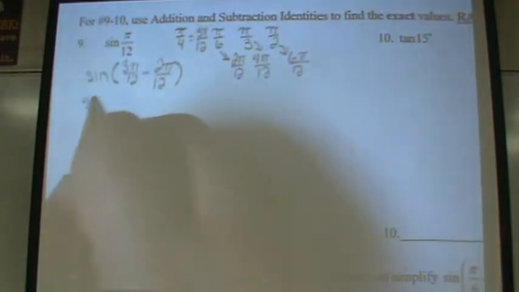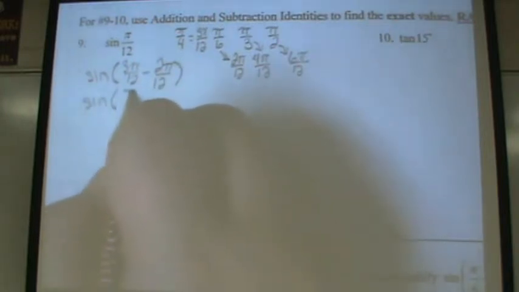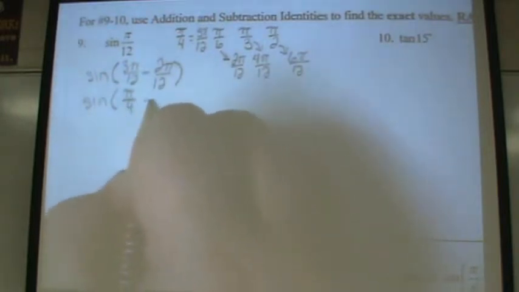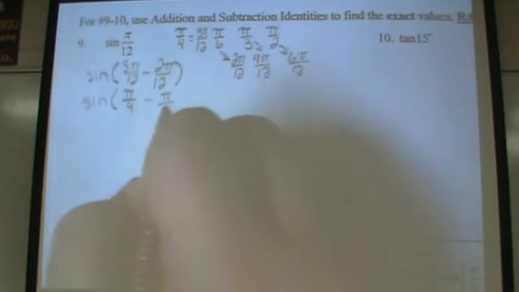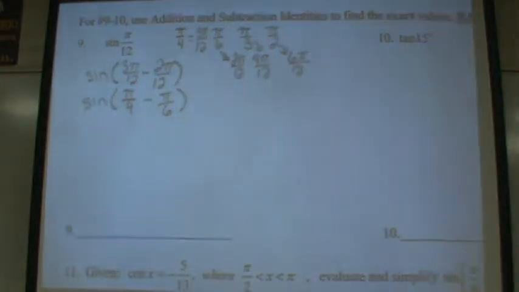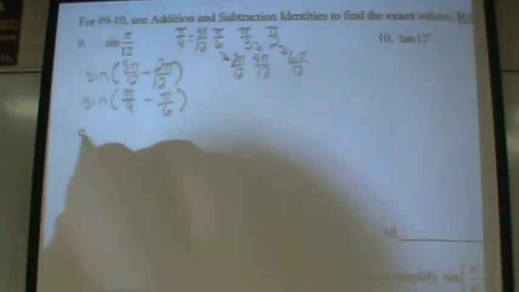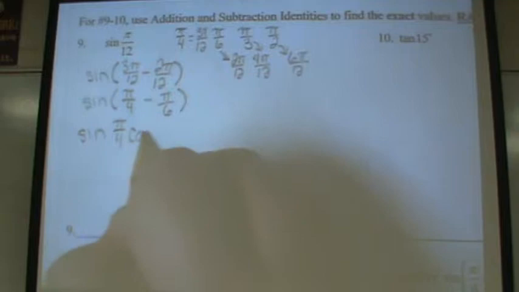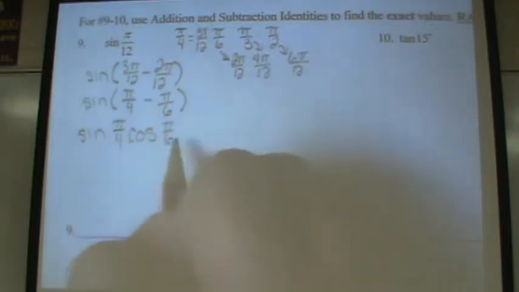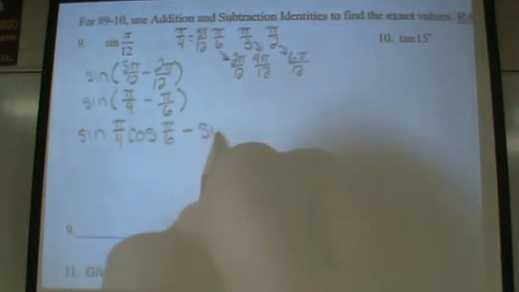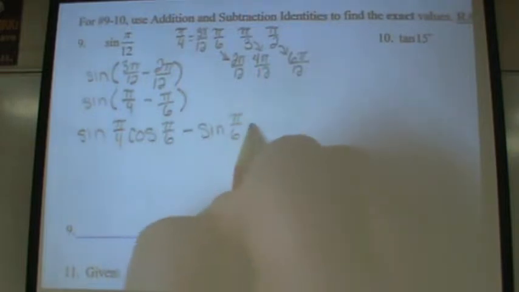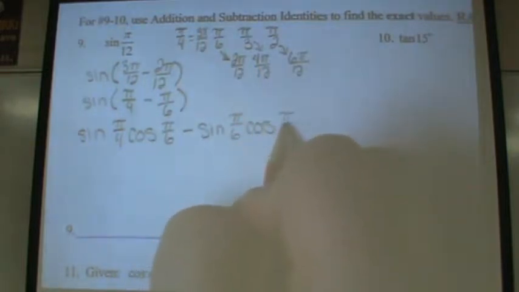So this is taking the sine of pi over 4 minus pi over 6. If we expand this out, we get sine pi over 4 cosine pi over 6 minus sine pi over 6 cosine pi over 4.